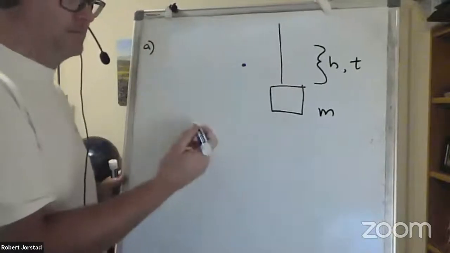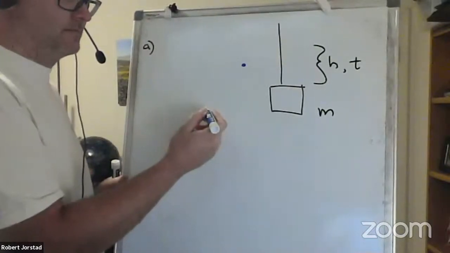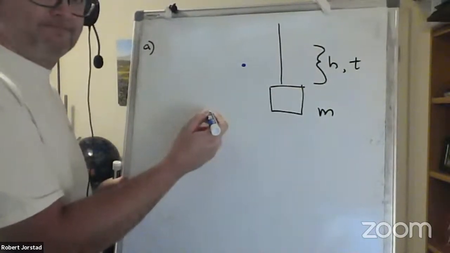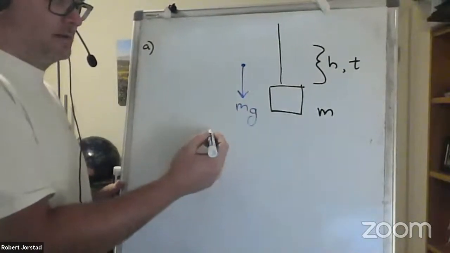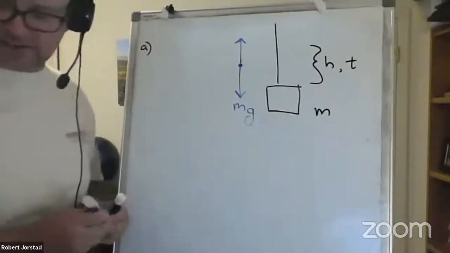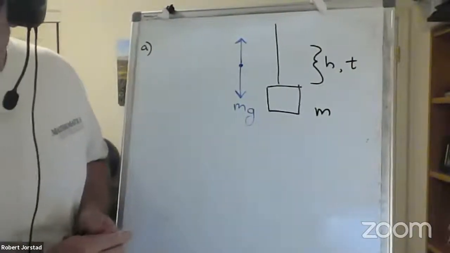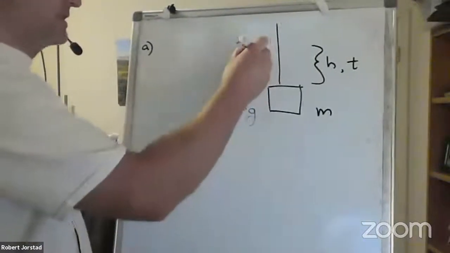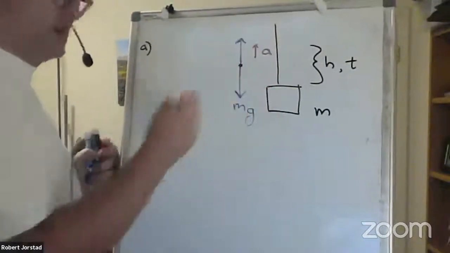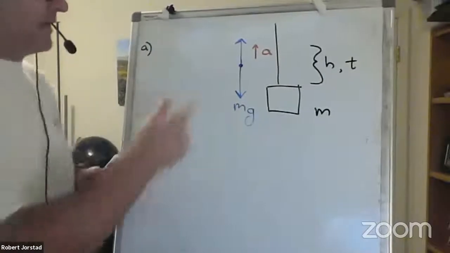What's one of them? Gravity pointing downwards, mg. What's the force upwards? Tension. Okay. And then which way is this particular one accelerating? Do we know? I think it says it accelerates upwards in this problem. So we know it's accelerating upwards, but we don't know the value of a.